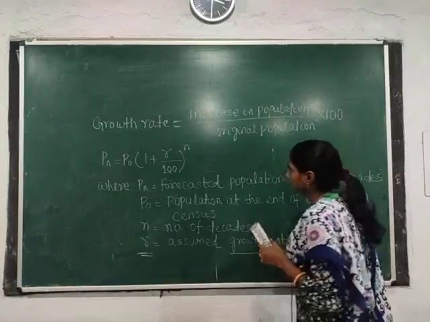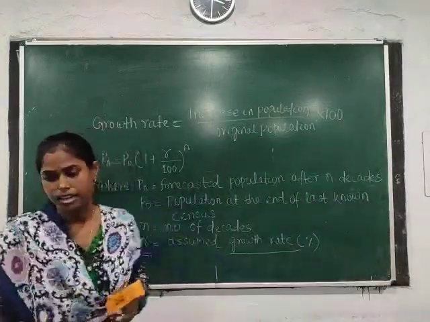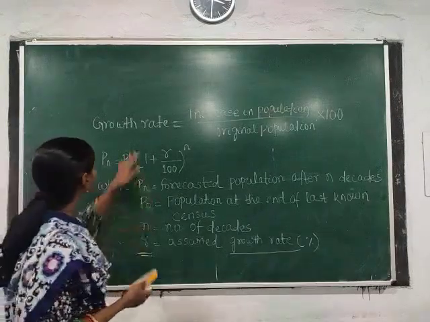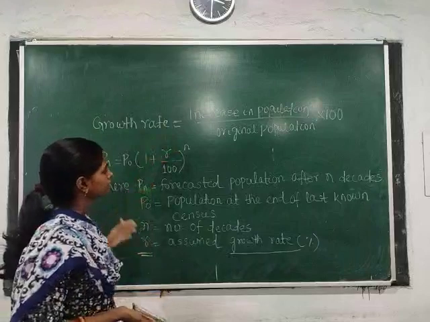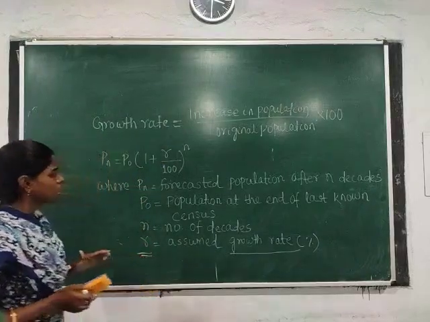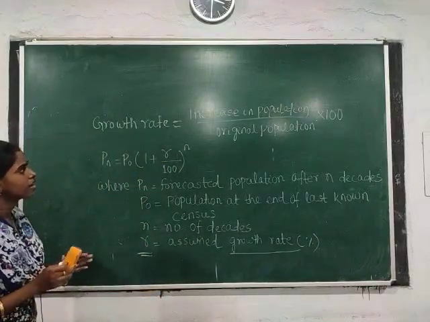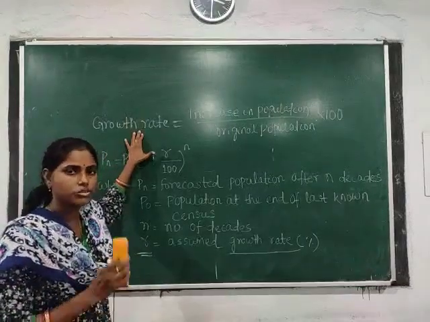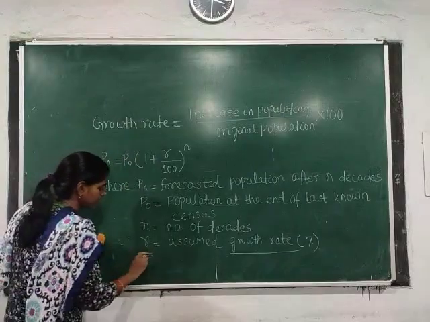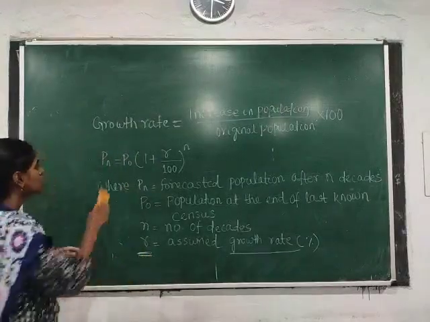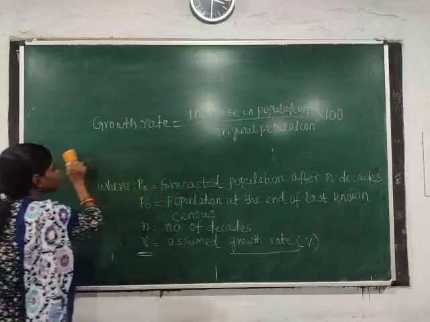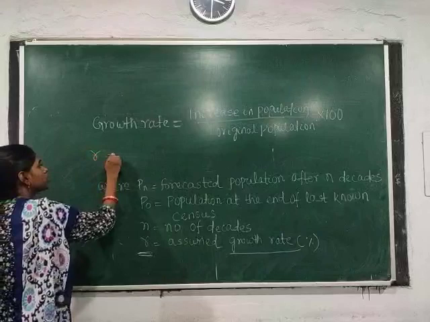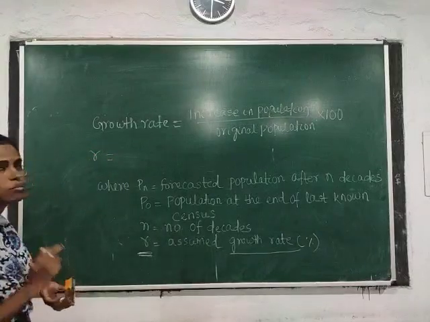So, this growth rate for individual past decades will be calculated. Then in the next step we will find the average of all these growth rates, which will be represented as R. This average of the growth rate, that means R, can be determined by two methods.